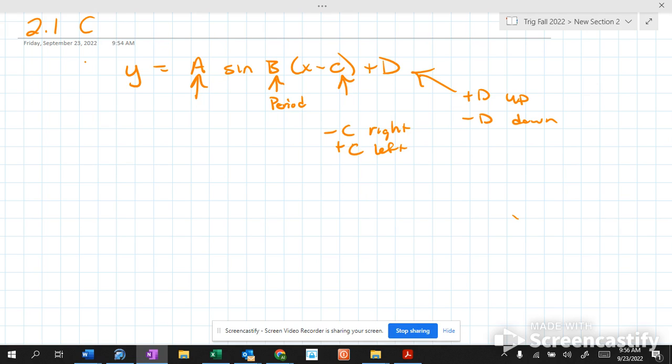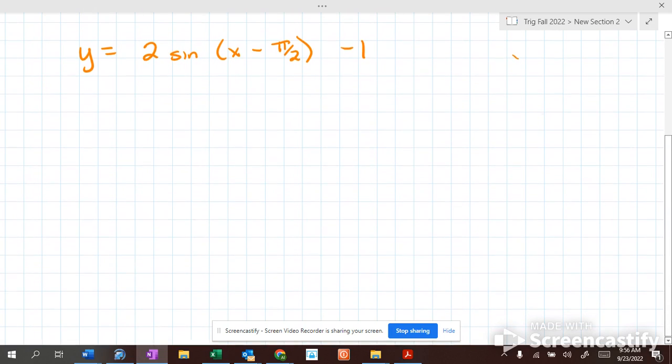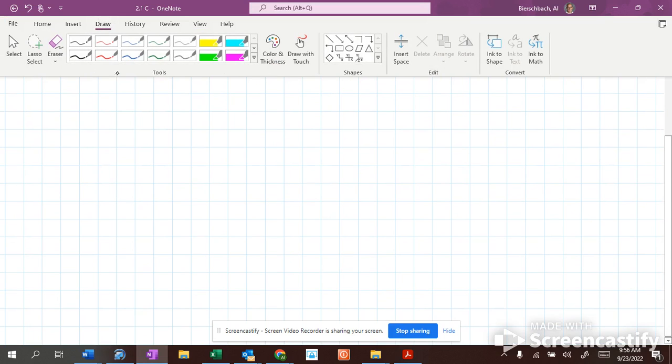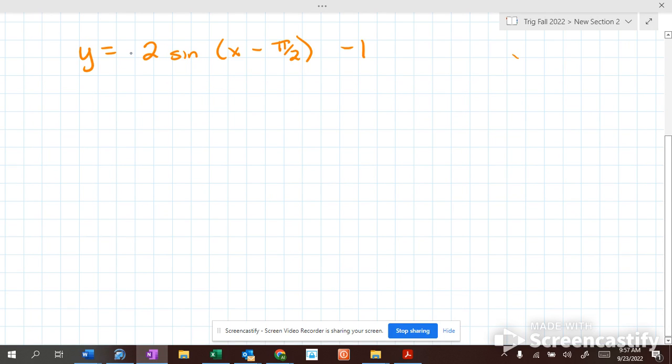Okay? So, we're going to take a function such as y equals 2 sine of x minus pi over 2 minus 1. And we're going to graph it all.